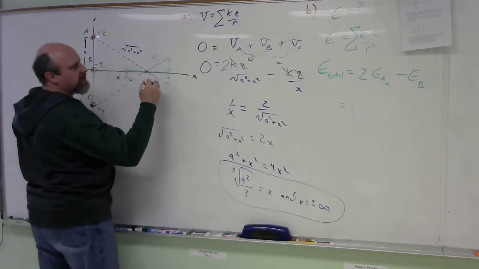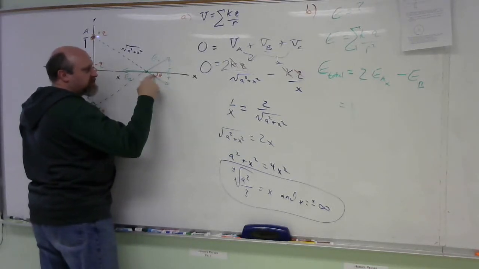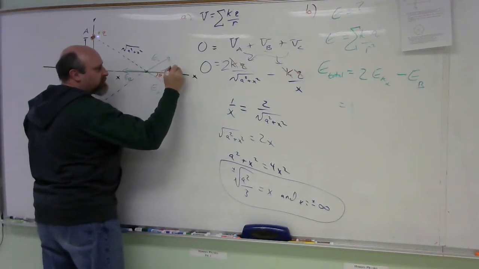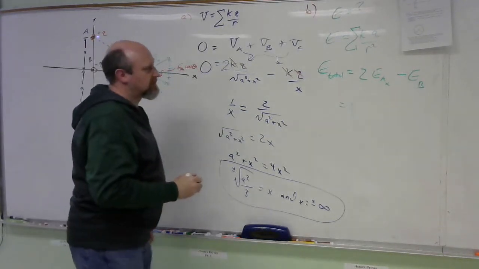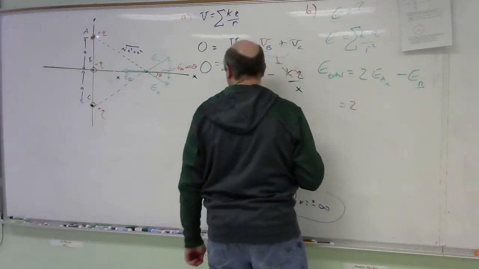Let's look at this guy. I have this angle theta there. This is the adjacent side, the x part, the part we want. So that would be EA cosine theta. So we're just going to have 2 times EA cosine theta.